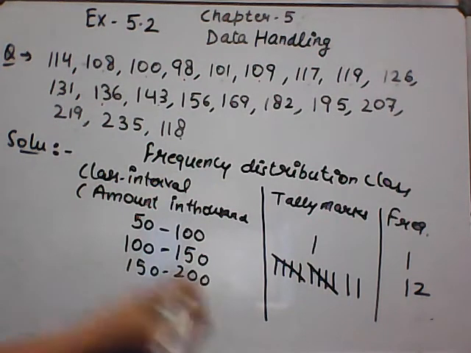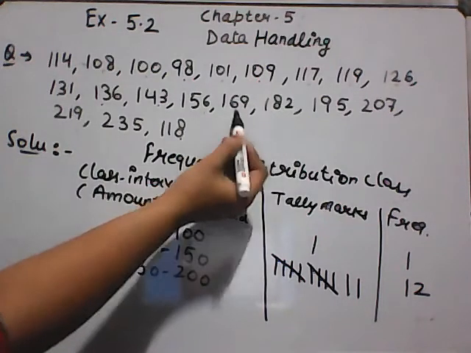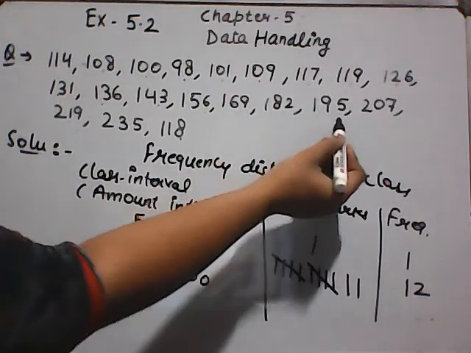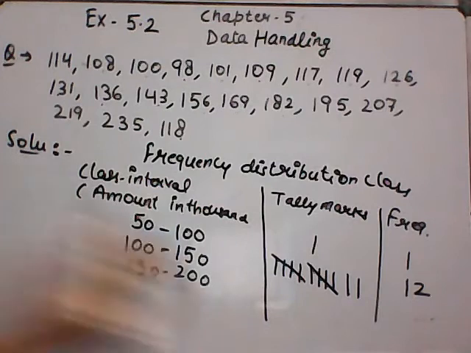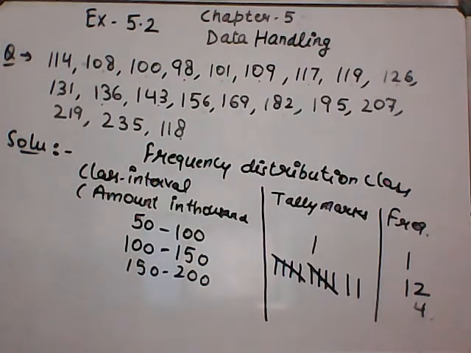Now check how many amounts come under it: 1, 2, 3, 4. The frequency of the class interval 150 to 200 is 4, represented as 1, 2, 3, 4.